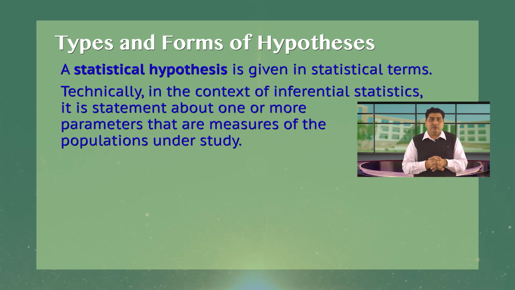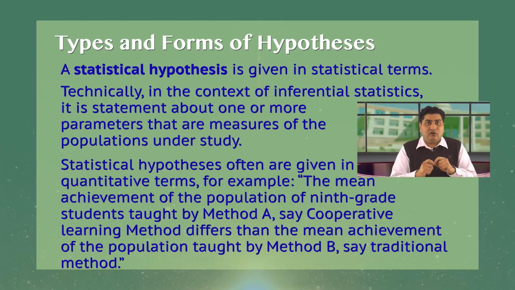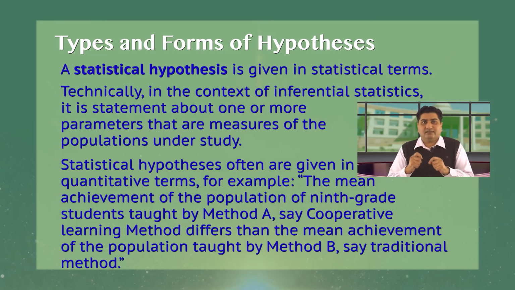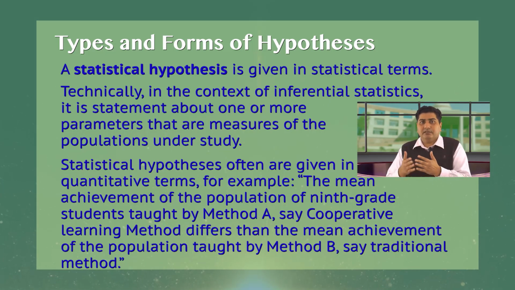Technically, in the context of inferential statistics, it is a statement about one or more parameters that are measures of the population under study. Statistical hypotheses often are given in quantitative terms. For example, the mean achievement of the population of 9th grade students taught by method A, say the cooperative learning method, differs from the mean achievement of the population taught by method B, say the traditional method of teaching.